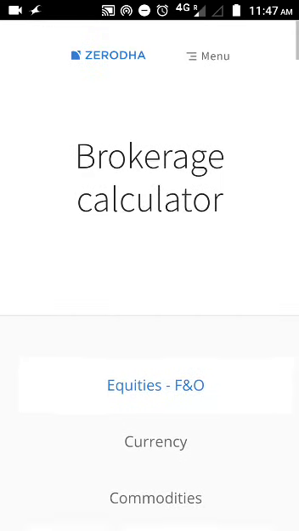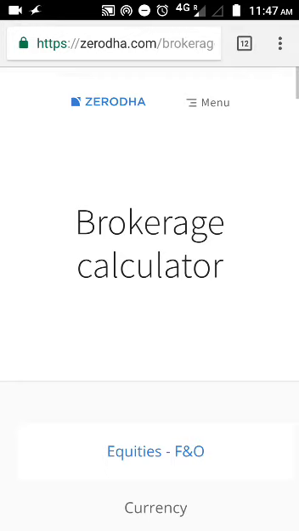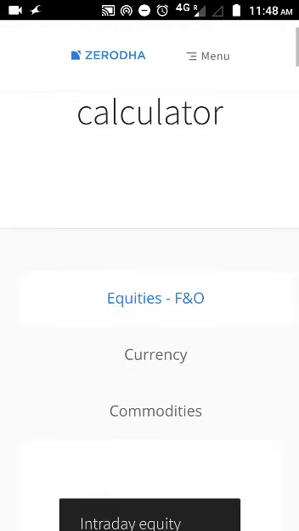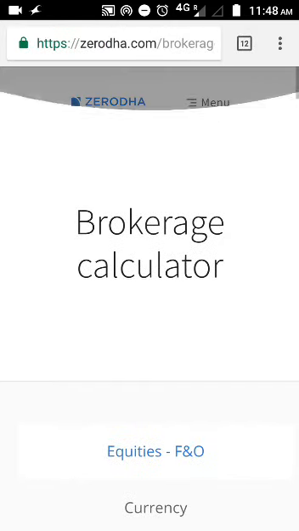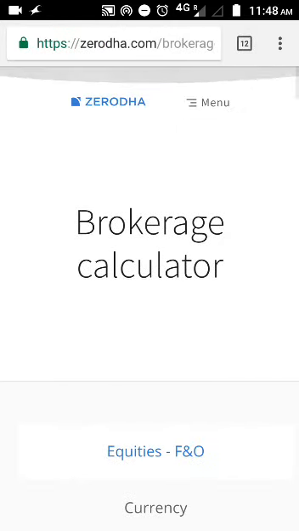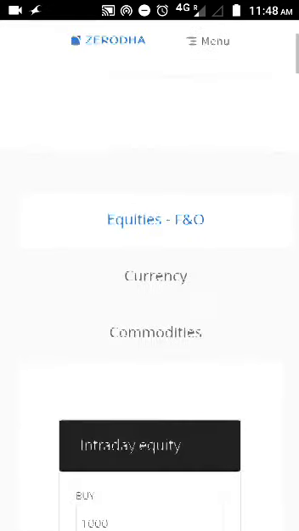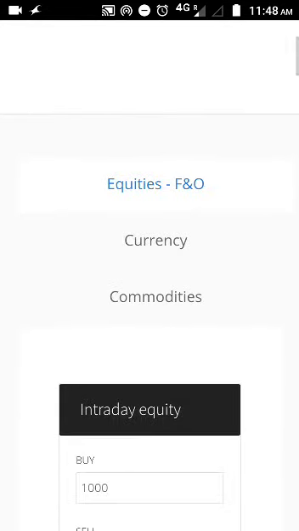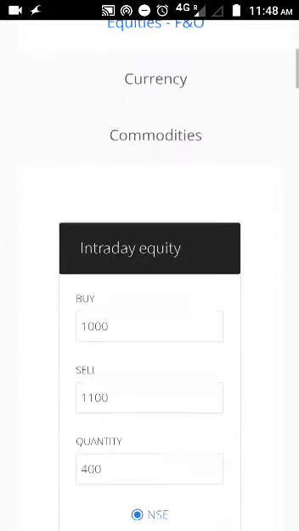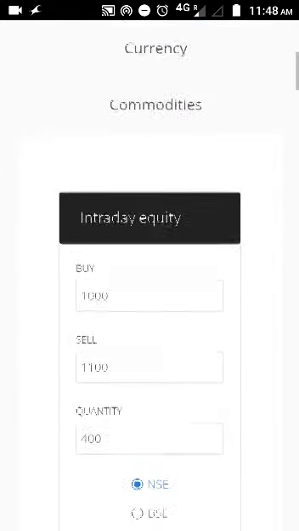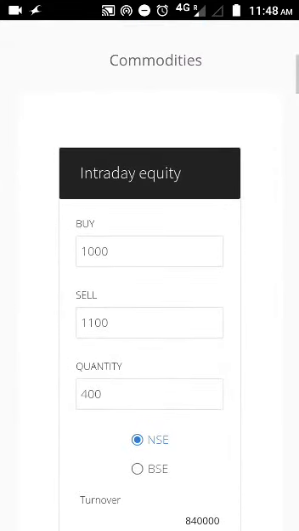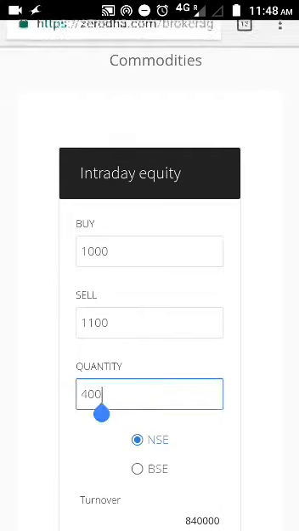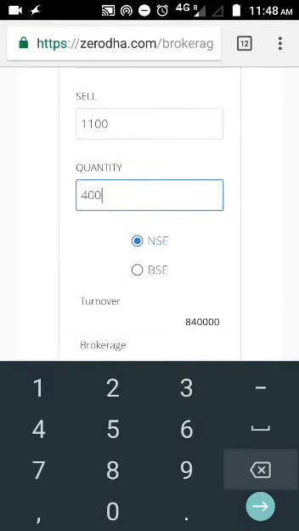Most of the times when you trade in intraday trading or delivery in stocks, futures and options, it's a common mistake that people do not know where the profits will begin. Intraday means you buy and sell the stock or commodity the same day.